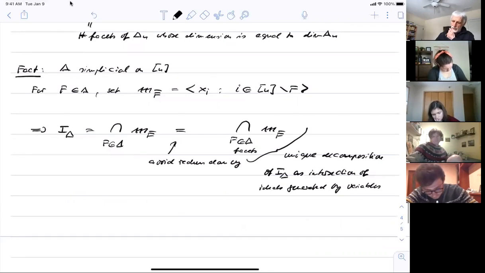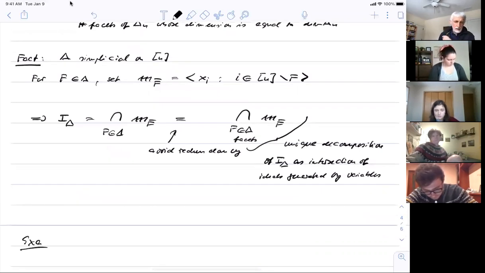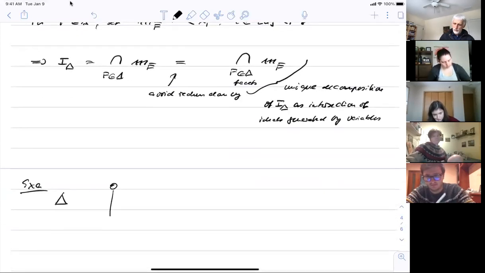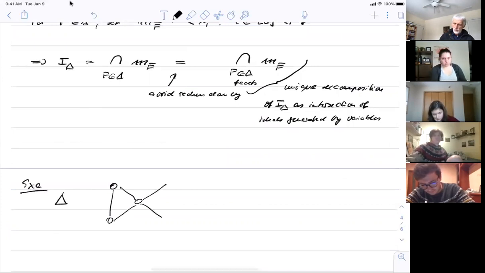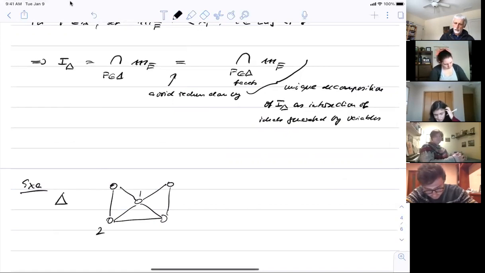So maybe to illustrate, we're still in a finite setting. Let me use, for simplicity, almost the complex that Martina used. Let's say this is 1, 2, 3, 4, 5, and I want these triangles to belong to it.